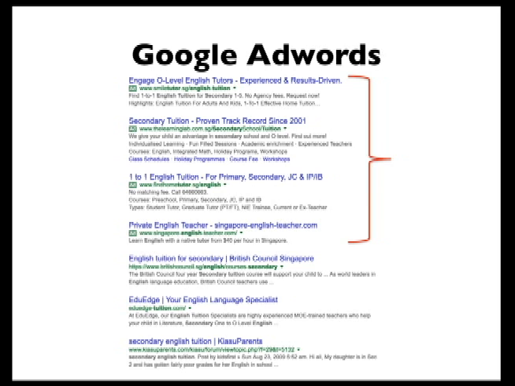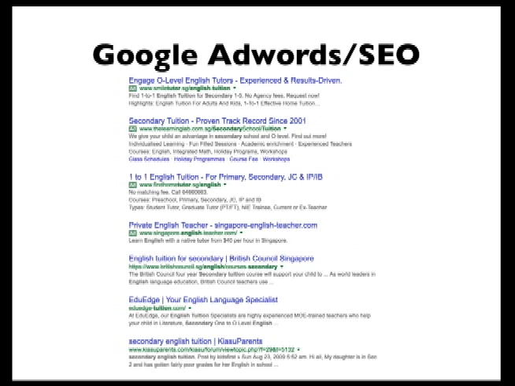How you can tell that it's an ad is because it says right there that it is an ad, right? So that's Google AdWords, because you're paying Google money. SEO, on the other hand, is kind of seen as free advertising, okay?